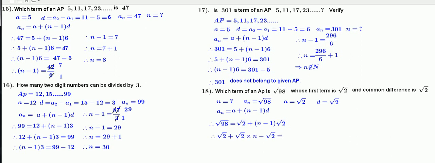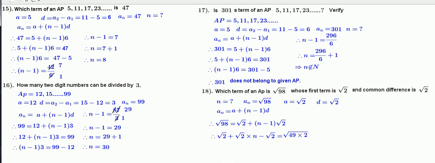That is, root 2 plus root 2n minus root 2 equal to root of 49 into 2, because 49 2s are 98. Here, root 2 is written as it is. Here, we multiplied root 2 with n minus 1. It will be root 2n minus root 2. That is equal to root of 49 into 2.